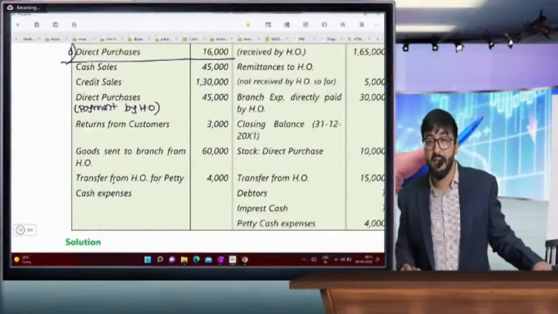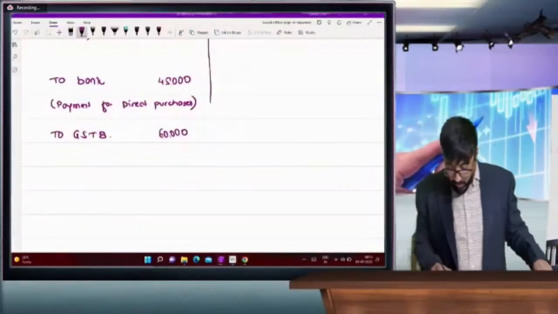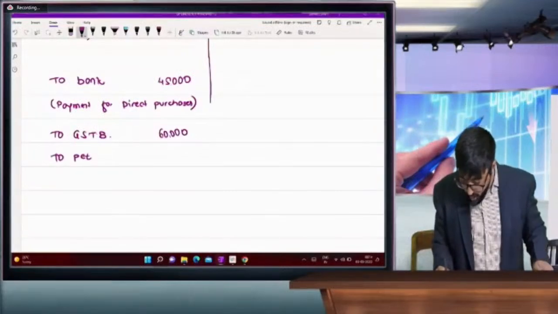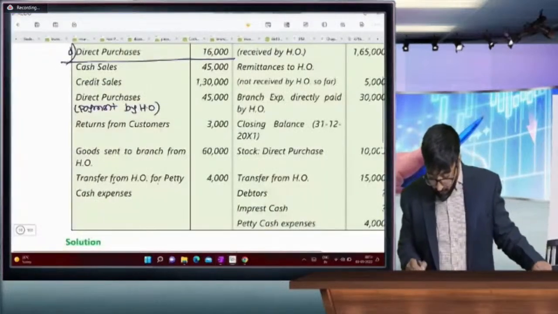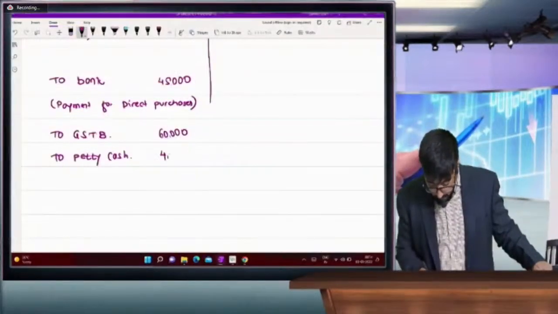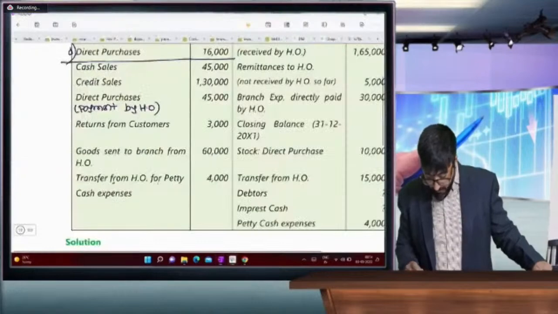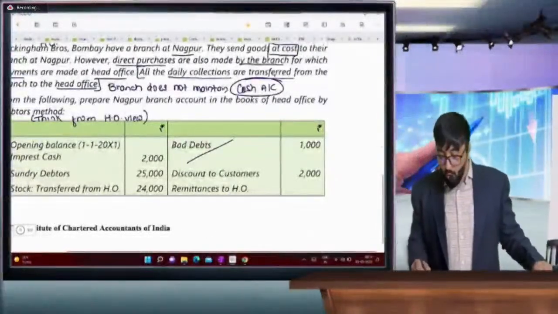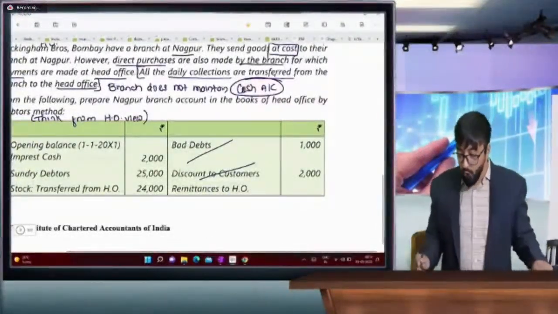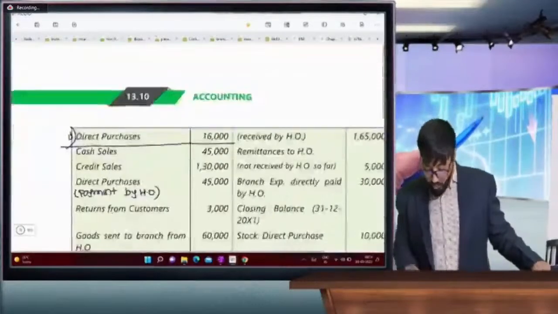HO will pass entry branch to petty cash. Sir, you already taught all these entries. Branch to petty cash. How much? 4,000. Okay. Bad debts? No. Discount? No. Remittance to HO? Yes.